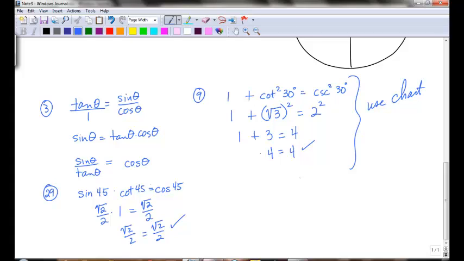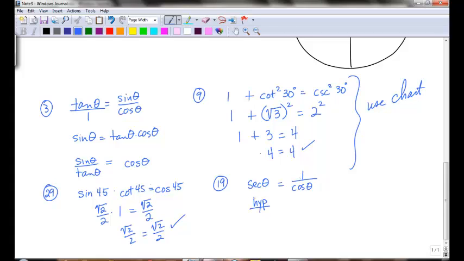I guess I skipped one. Go back to number 19. I want to look at 19. It says use the definitions. So on 19 they give you secant of theta equals 1 divided by cosine of theta. Now it says use definitions. You got to go all the way back to opposite, adjacent, hypotenuse. What's the definition of secant?